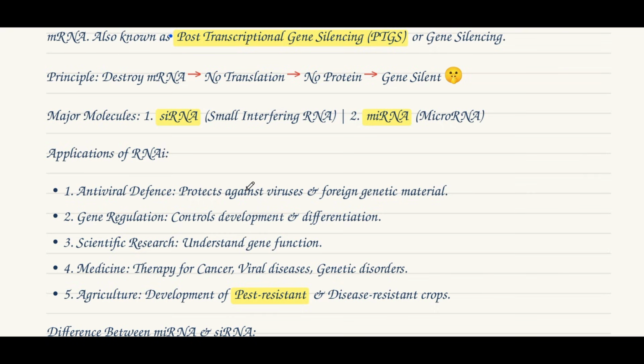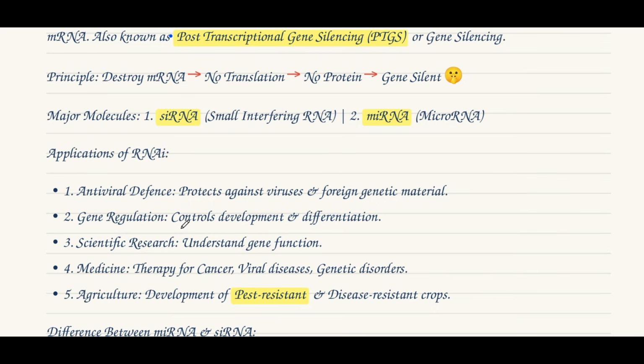This is good, right? Now it is playing a very important role, because when a virus comes in our body, its genetic material will proliferate in our body. That will be controlled by this RNA interference, right? So it is very helpful.